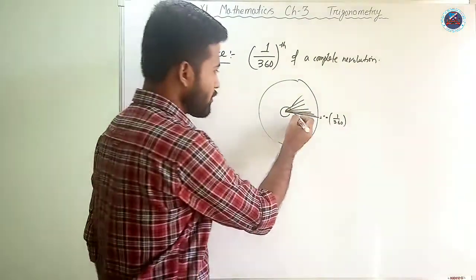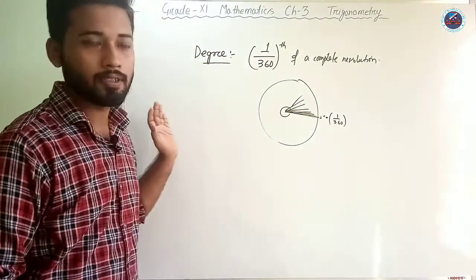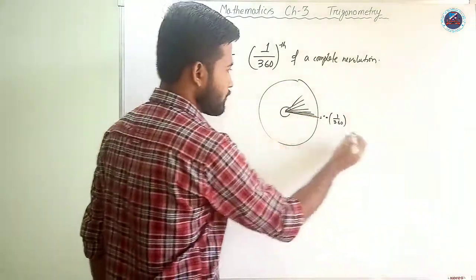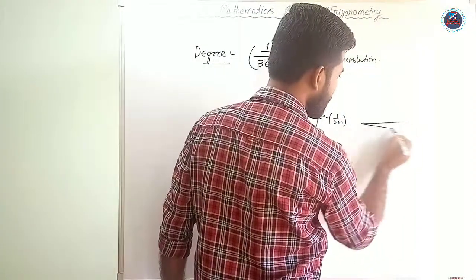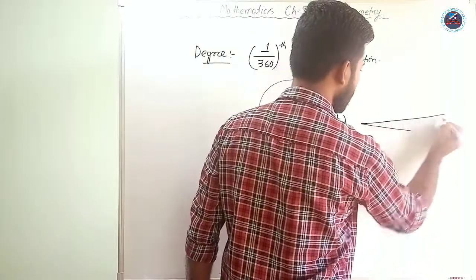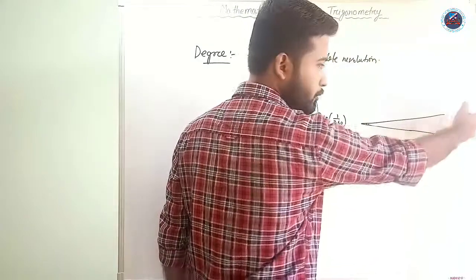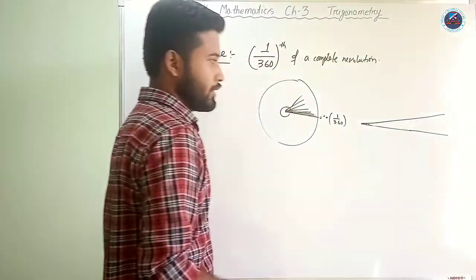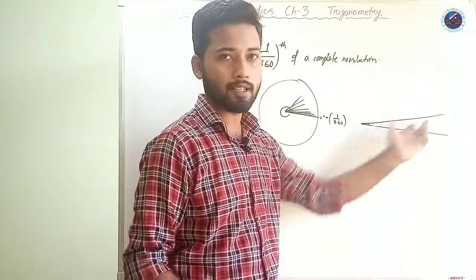Now say this is 1 degree, and suppose the circle is huge, a great circle. Here it is 1 degree, but as we move further, the distance between the terminal and the initial side increases, even though the degrees are the same.